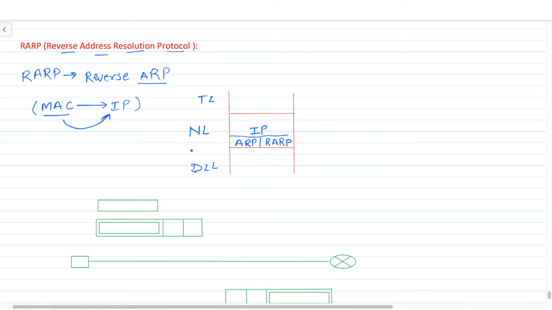Now the question is, when will be the case when we will know the MAC address of a host but we will not know the IP address? Many hosts don't have a hard disk, so files are saved in NFS. Sometimes there are a number of hosts present in a network but they don't have their own hard disk.